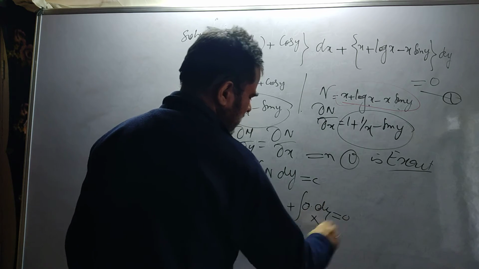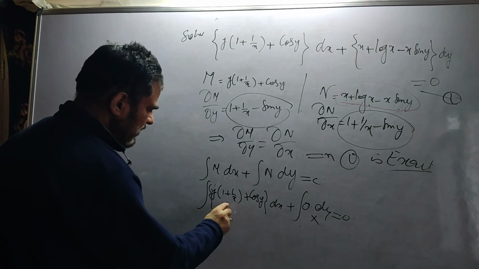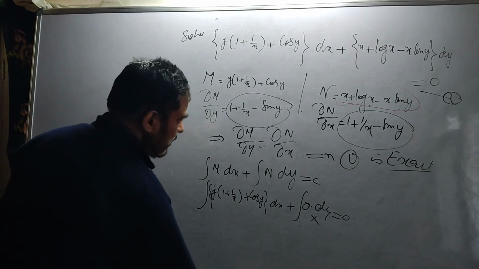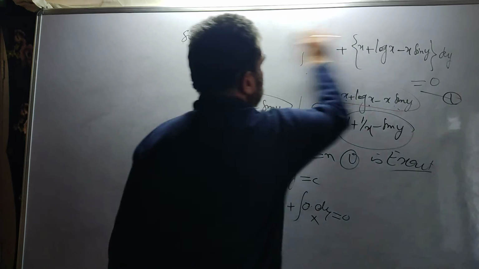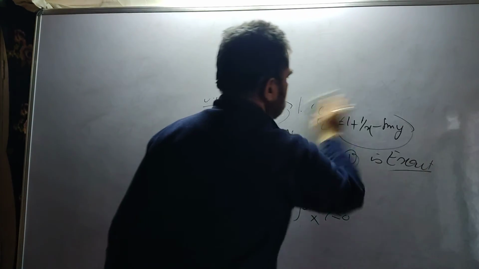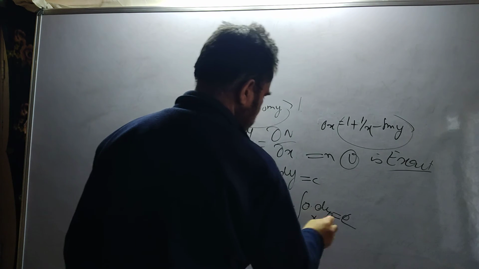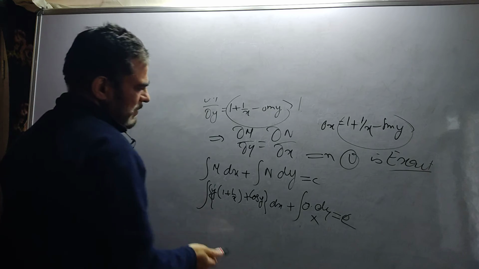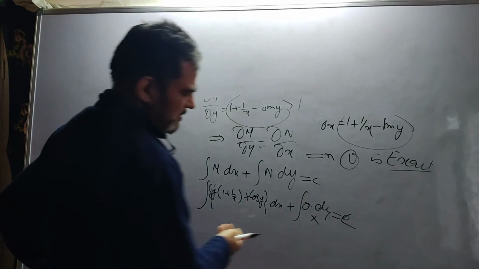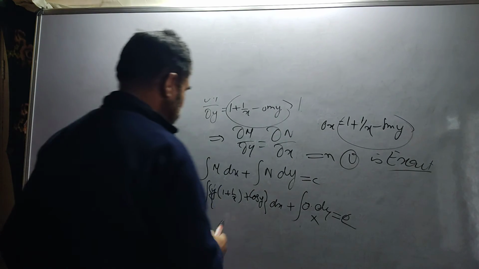I will not write this one. This can also be a constant, because the integral of a constant is 0. If you write a constant here, that will be again a constant.